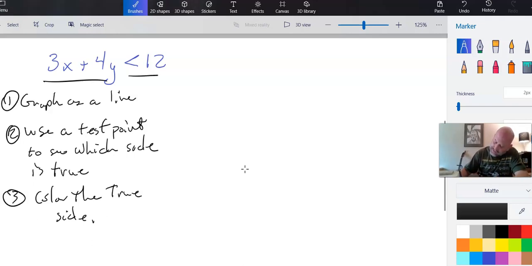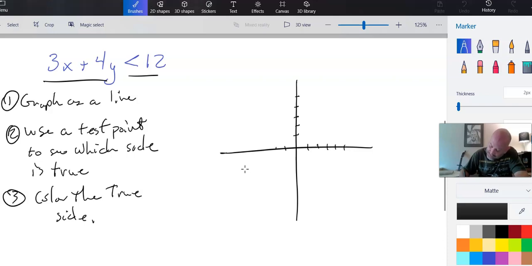We need to graph it, so let's go ahead and start with a grid. Now, being in standard form, the easiest way to go on these is to use the intercepts. So we'll review how to graph using intercepts again.